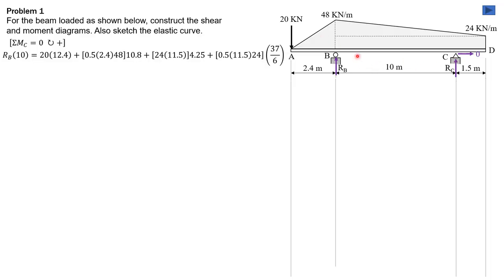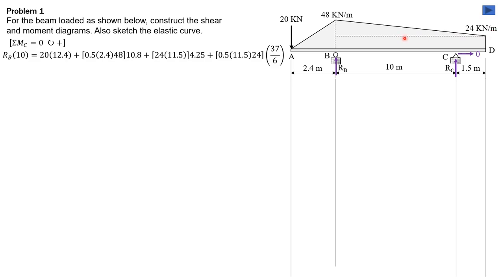Then, or RB times 10 equals 20 times 12.4 plus 0.5 times 2.4 times 48 times 10.8 plus 12 plus 11.5 times 24 times 5.75 from this, so 5.75 minus 1.5 is 4.25, then plus 0.5 of 11.5 times 24.